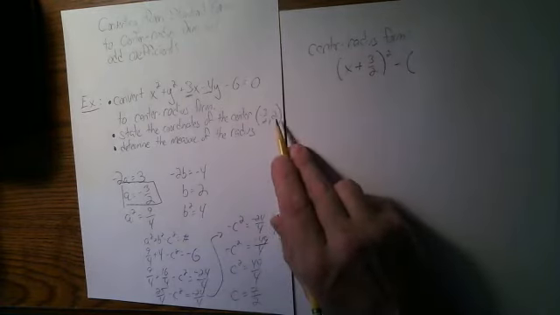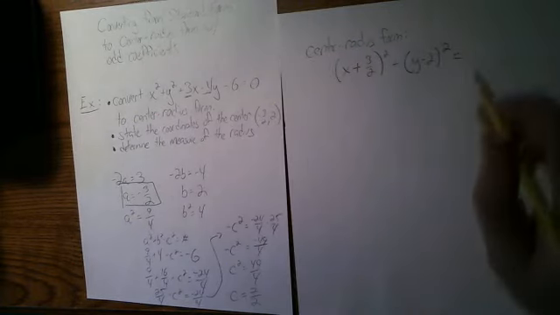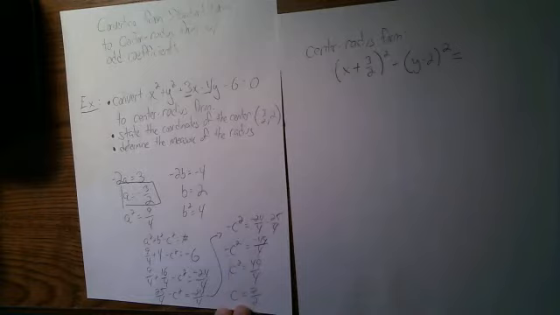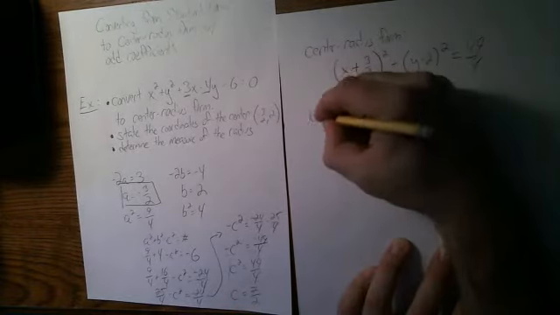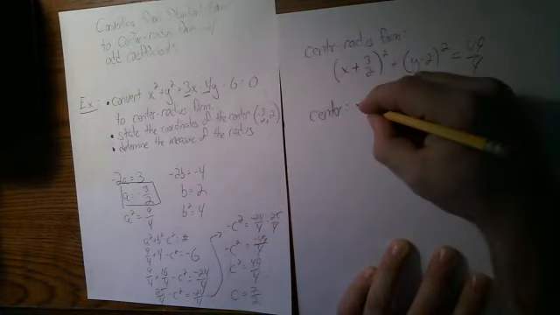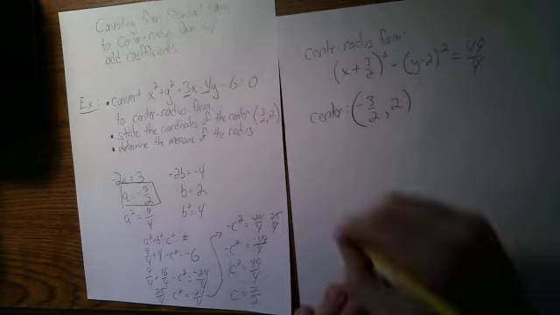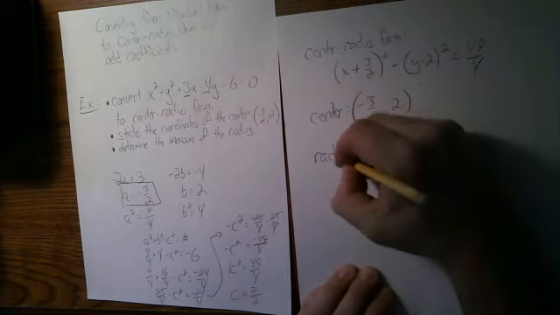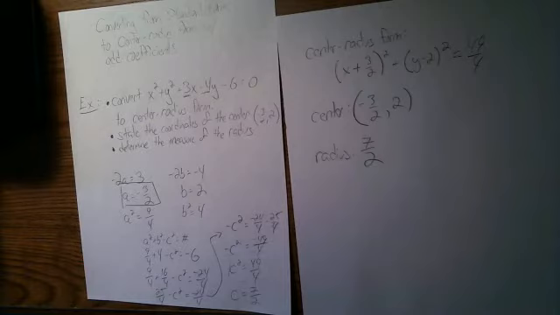Well, it's a +2 in the center, so it's a -2 in the equation, equals c squared, 49/4. We have the center of -3/2, +2, and we have a radius of the square root of 49/4, which is 7/2. So the only difference here is that we have a fraction to work with.